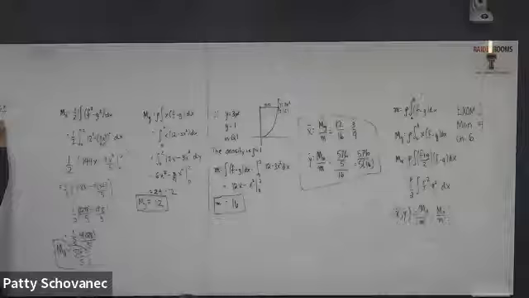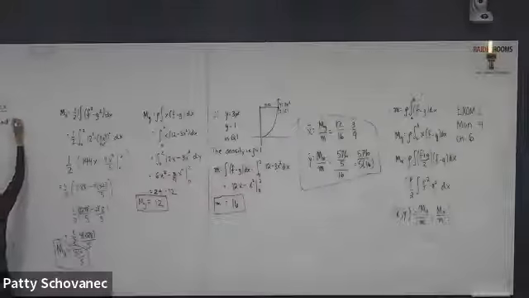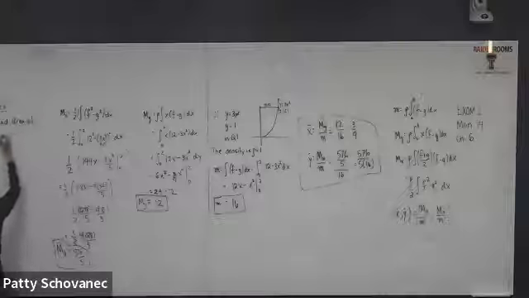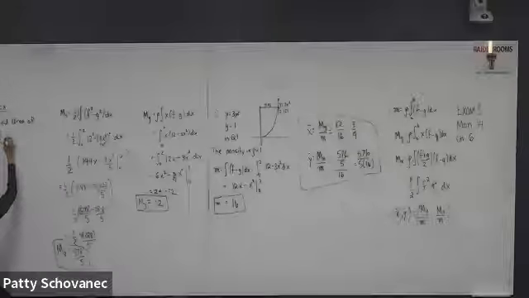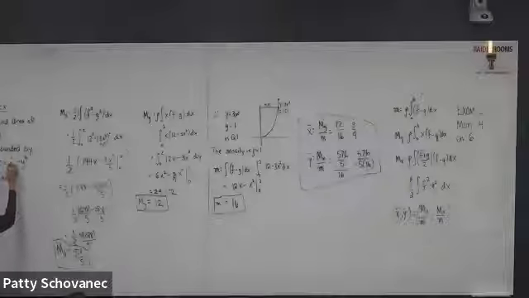So find the area of the region R, which is bounded by the graphs x is equal to 4 minus y squared, and maybe 2 minus y squared, how about that?